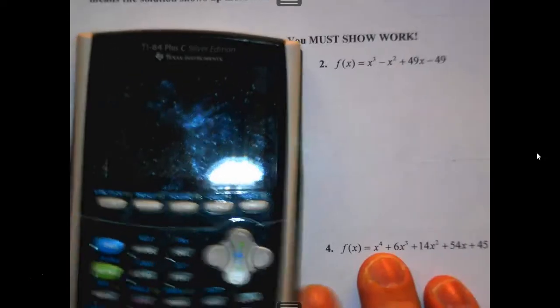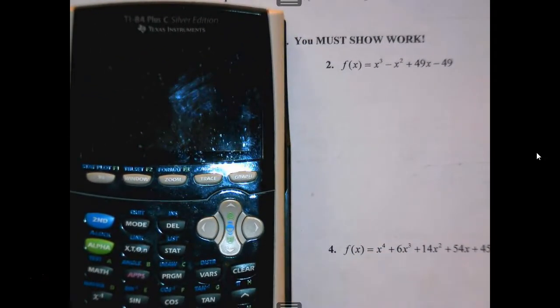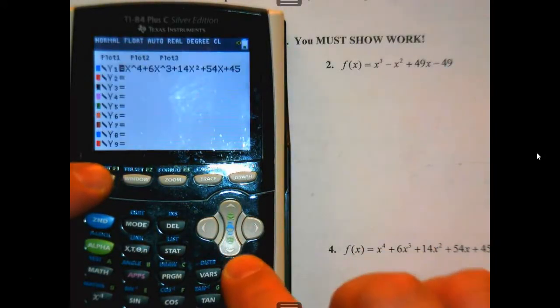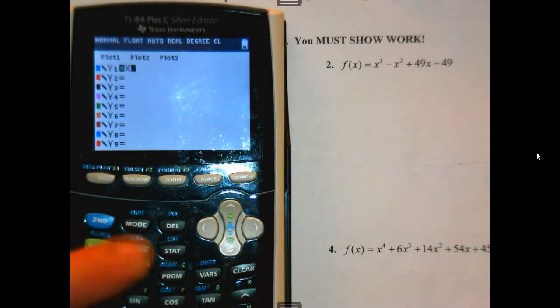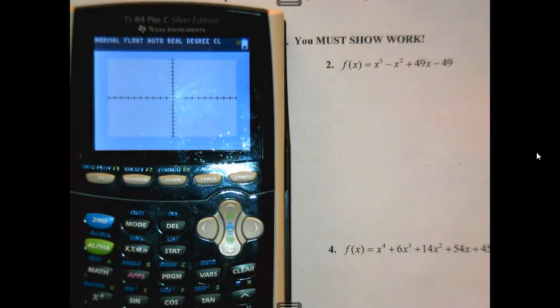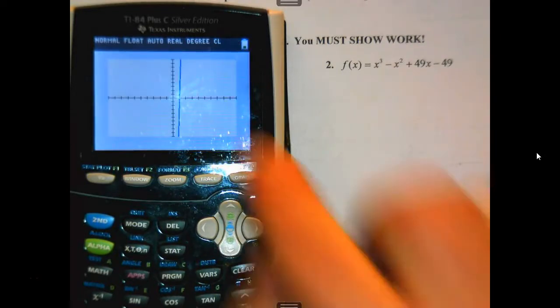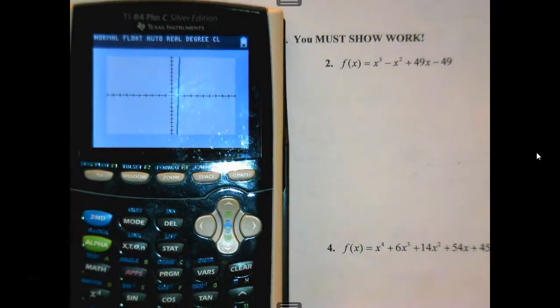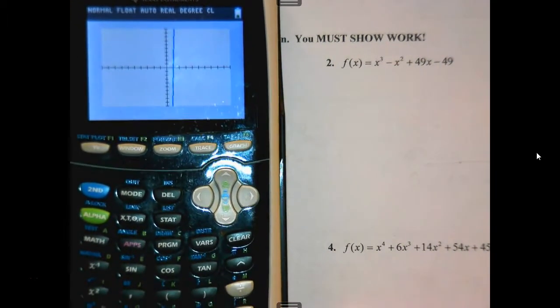I'm going to put in my y equals button, x raised to the 3 minus x squared plus 49x minus 49. I'm going to graph this. And lo and behold, it looks like my solution or zero, my x-intercept, is at the number one. I need to make sure.